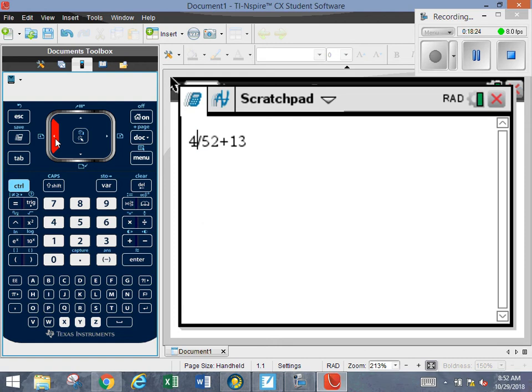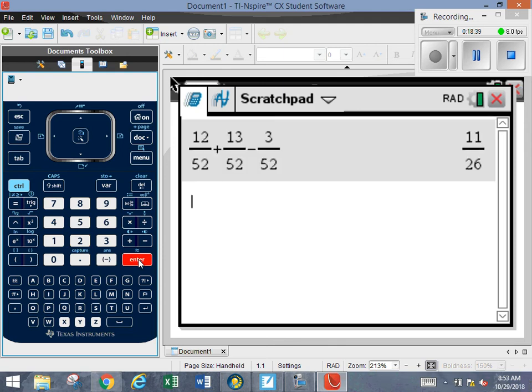I'm not sure where I got the 4 from. It makes a little more sense to have a decimal, so if I put a decimal in my numerator, there we go. And that should work.